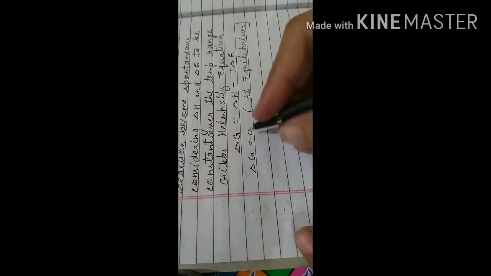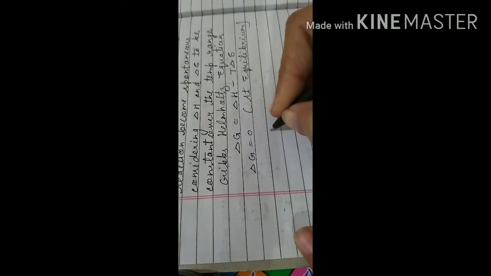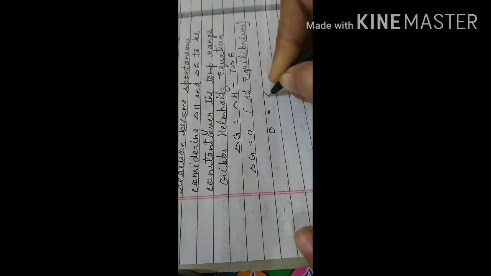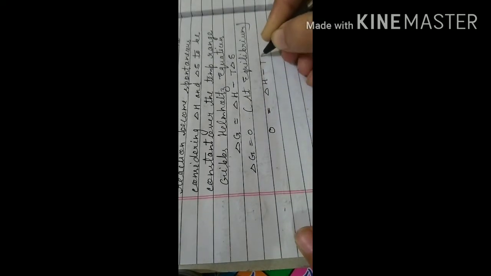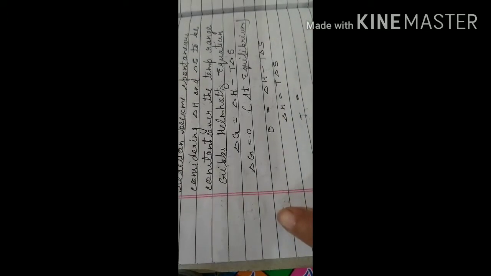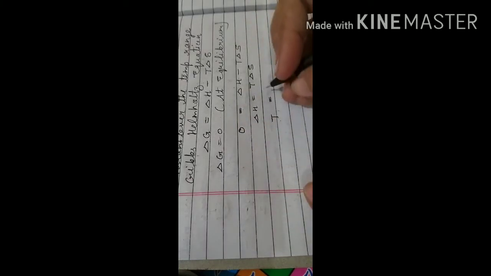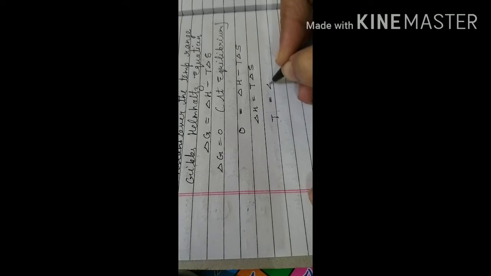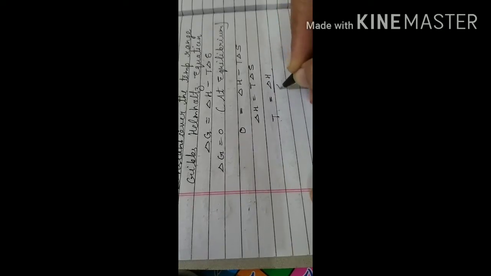If we take delta G as 0, then delta H minus T delta S equals 0, so delta H is equal to T delta S. As we have to find the temperature for delta G equal to 0, that means at the condition of equilibrium, you have to understand that. So T is equal to delta H upon delta S.